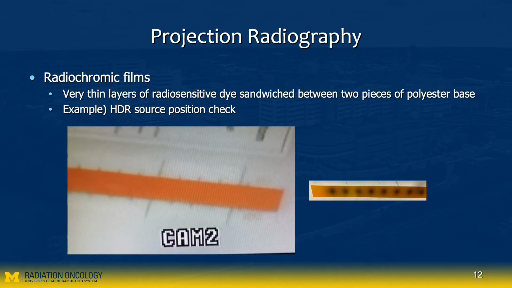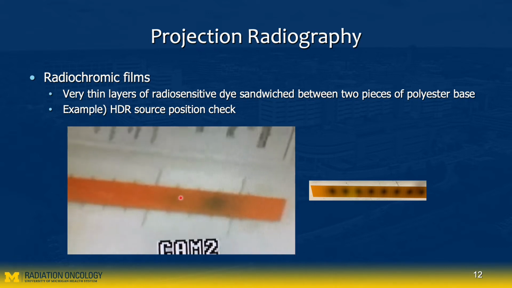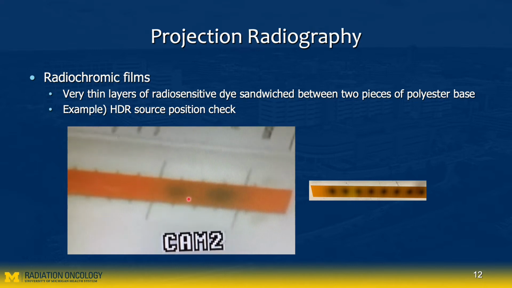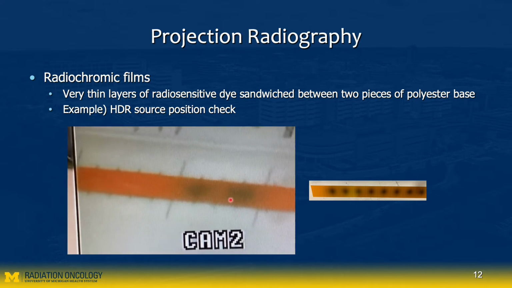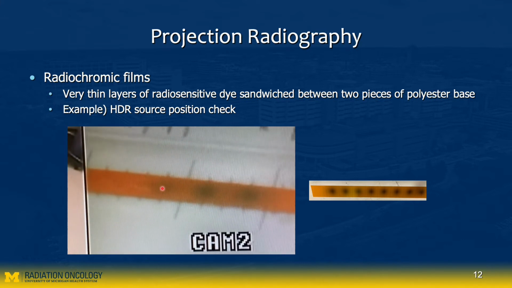Now you hear this beeping noise. That means the radiation source is out. If you look carefully, it forms this dark spot where the radiation is. And then it moves. We programmed it so that it stays in multiple dwells, about 1 centimeter or 2 centimeters apart. Then it develops in real time, as you can see.